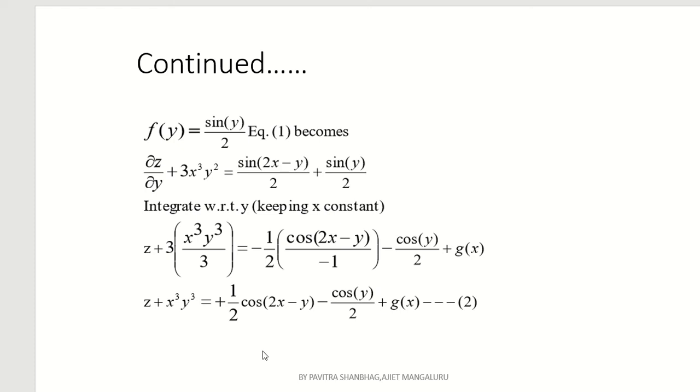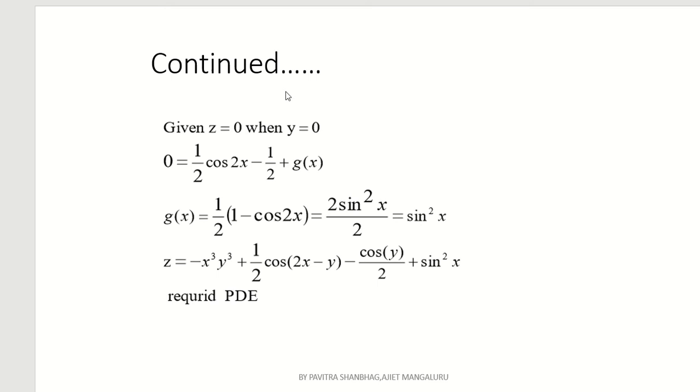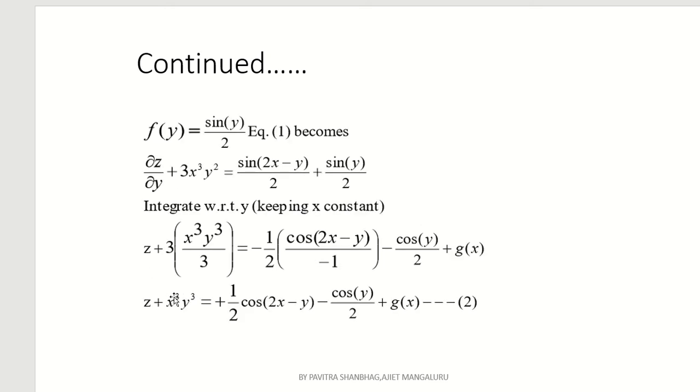Okay. Now use the condition they gave: z equals 0 and y equals 0. Use this condition in the previous step, z is 0, y is 0. So the LHS completely vanishes. What remains here? Half cos of 2x minus 0, so cos 2x/2 minus cos 0/2.